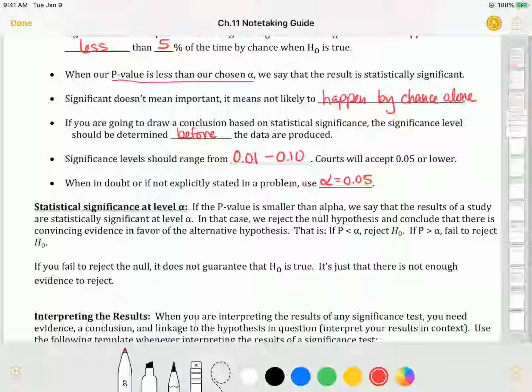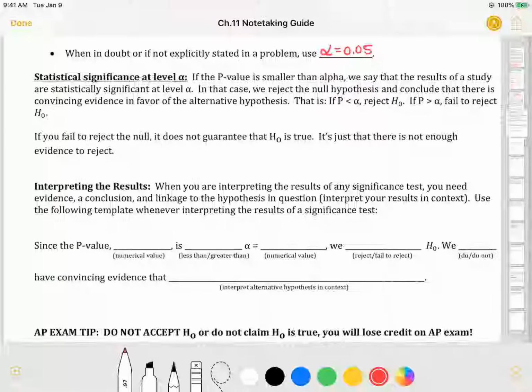Okay? So when performing this significance test, basically what we're going to be doing is comparing this p-value to alpha. Okay? So small p-values give us good evidence, and large p-values are not good evidence. So essentially, what you want to focus on here is if p is less than alpha, so if p is a very small value and it's smaller than alpha, we are going to reject our null in favor of our alternative hypothesis.